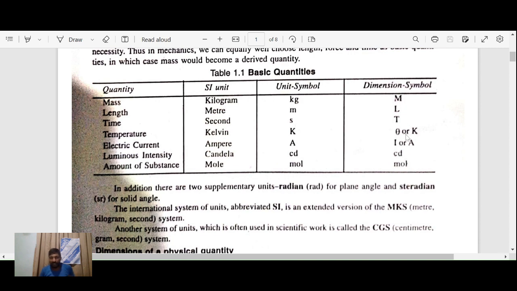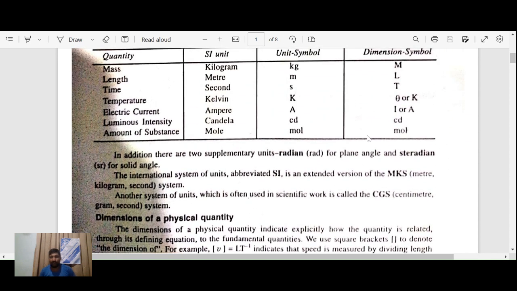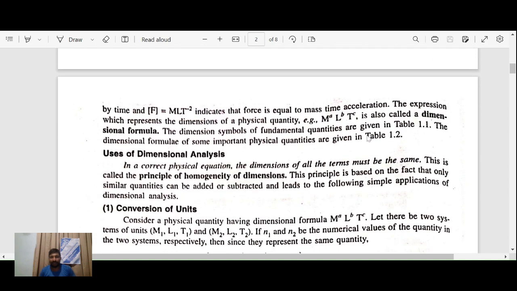Now those seven dimensions are really important for us. Basically, in our local A level system, we give preference to capital M, capital L, and capital T for mass, length, and time, and try to explain the dimensions of the basic physical quantities. But if you can remember the other ones, you can get marks easily.